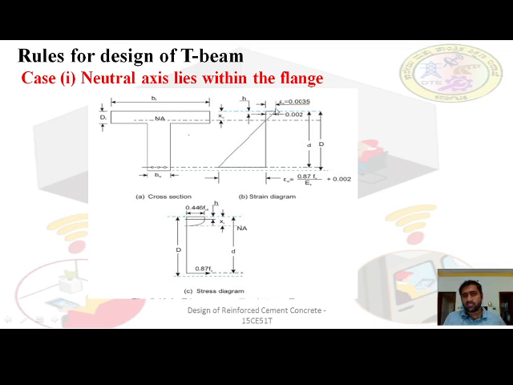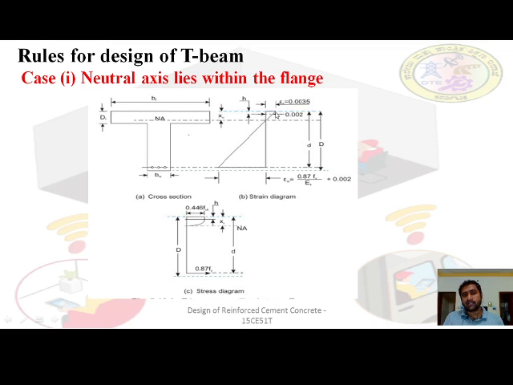From this strain 0.0035 to 0.002, the stress variation in the concrete will be uniform, so it will be in the rectangular part. The IS code assumes like this, and in the remaining down portion it is parabolic. That's why we call the stress variation in the concrete partly parabolic and rectangular.